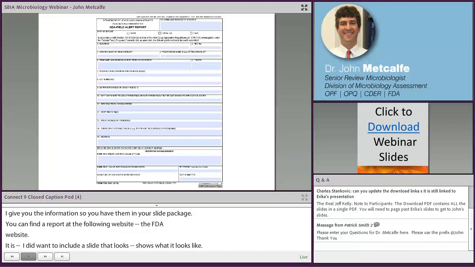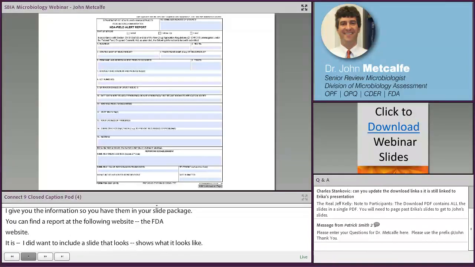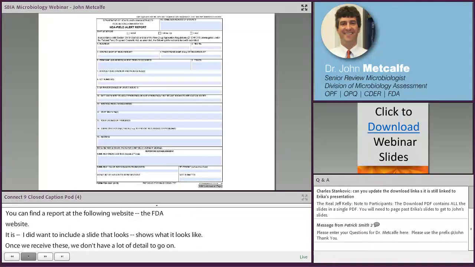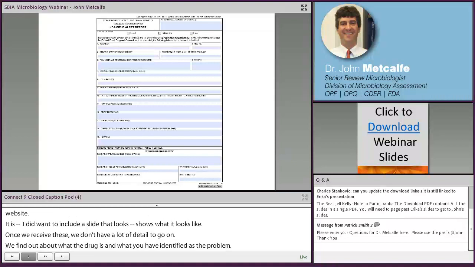We find out what the drug is, which lots have a problem, and what you've identified as the problem. There may be a root cause in there, but the reality is that not a lot of information comes in other than to alert us to the fact that there's a problem with the batch.